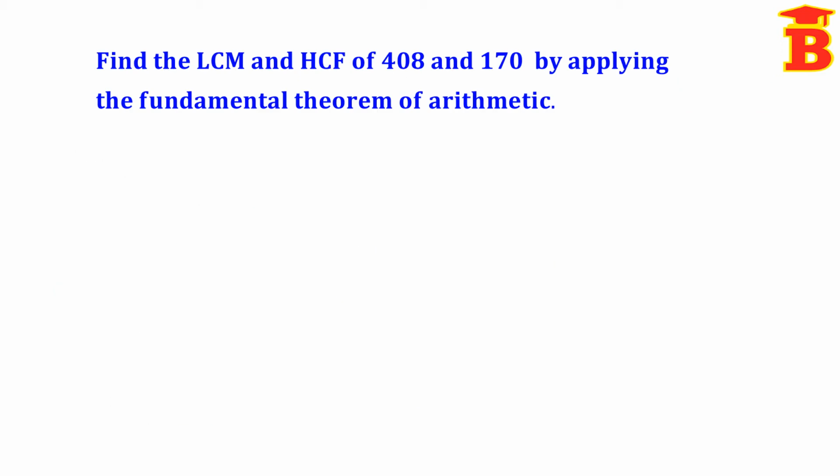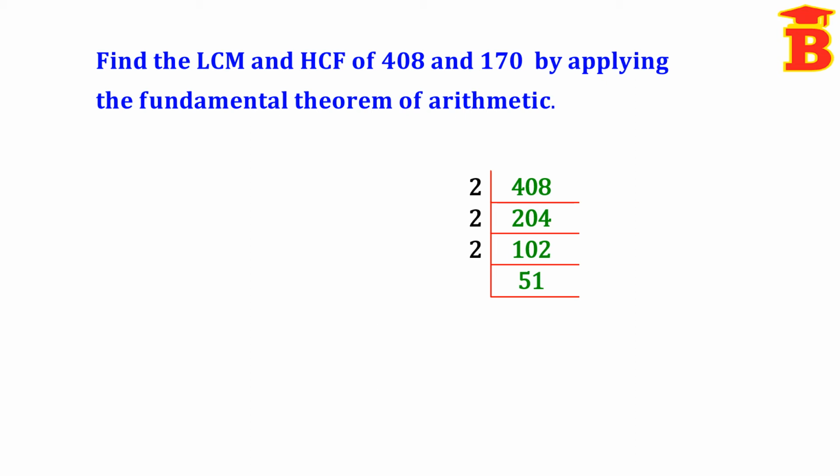Next problem. Find the LCM and HCF of 408 and 170 by applying the fundamental theorem of arithmetic. Take the first number 408 and find all the factors of this number. It's an even number, so first we divide by 2, we get 204. Again divide by 2, we get 102. Again divide by 2, we get 51.